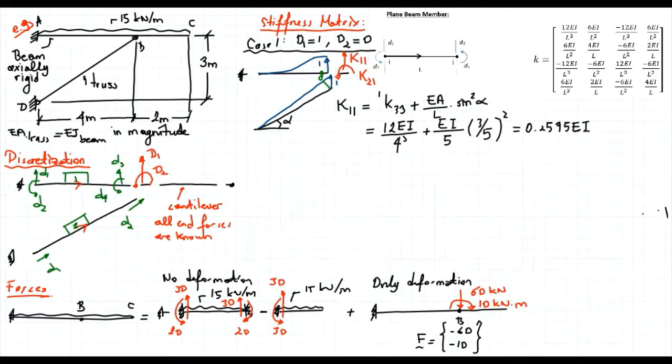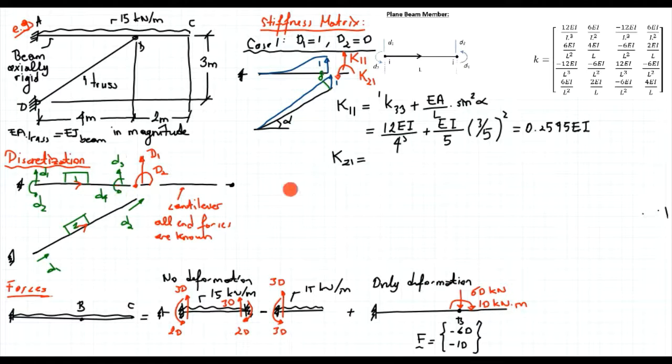Now K21. For the rotation we don't have any resistance coming from the truss member. So the resistance will only come from the first member, and we said that we have a translation in the third direction, and I want to keep the degree of freedom in the fourth direction, which is the rotation, equal to 0. How much force do I need?